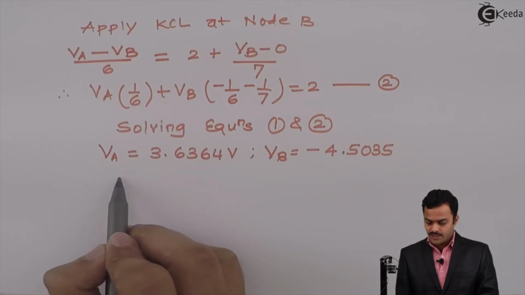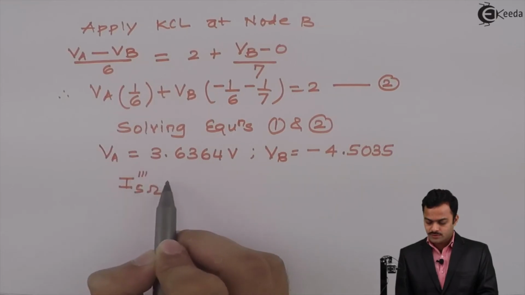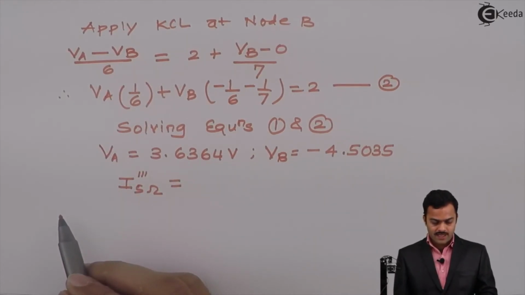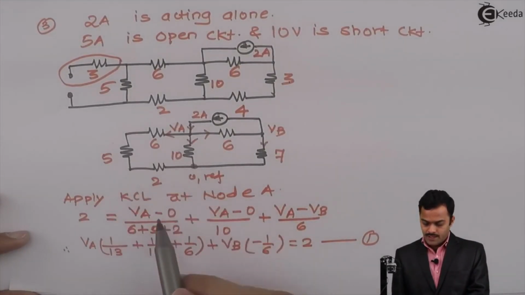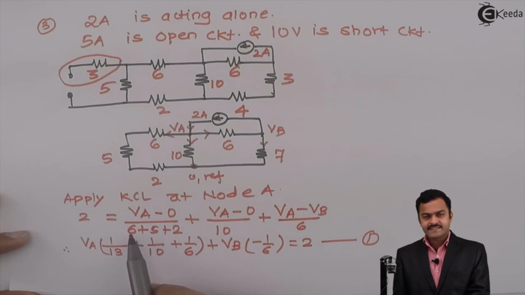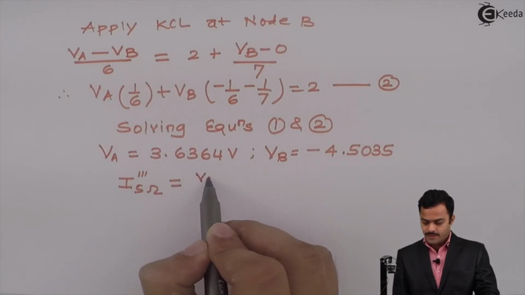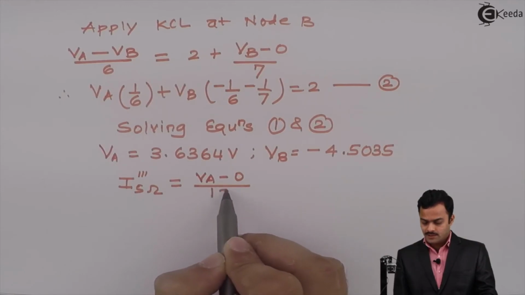Our objective is to get current flowing through 5 ohm because of third source, which is 2 ampere, and the equation we have written for that is (VA minus 0) divided by 6 plus 5 plus 2, which is ultimately 13. So I can say it is VA minus 0 divided by 13.